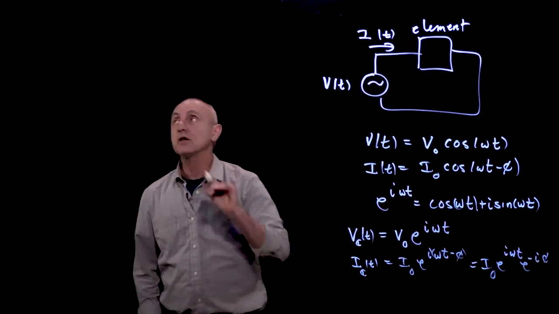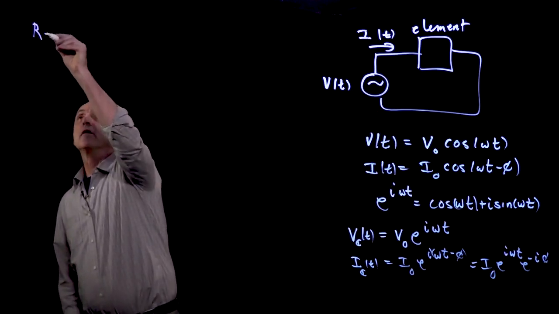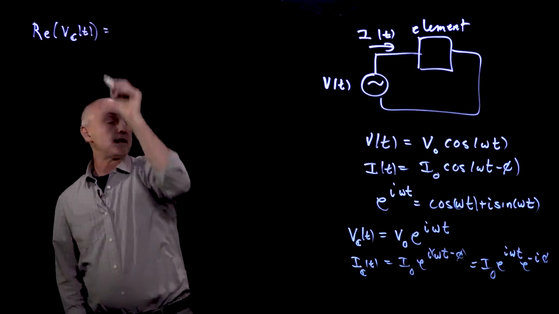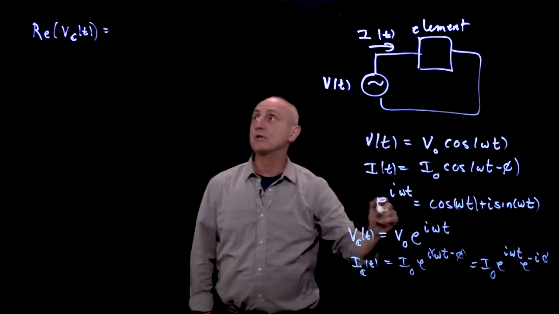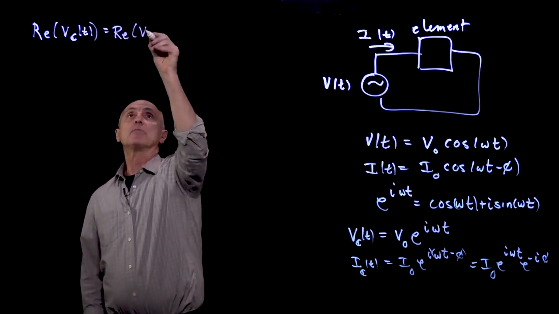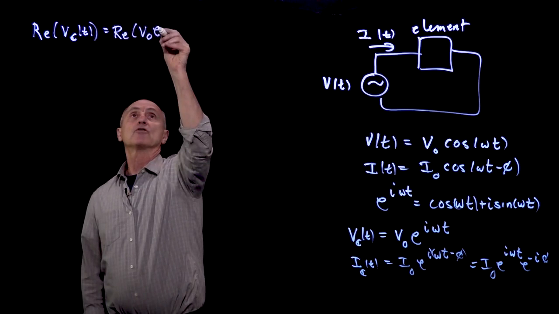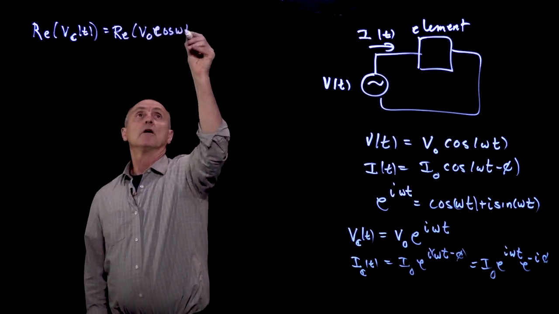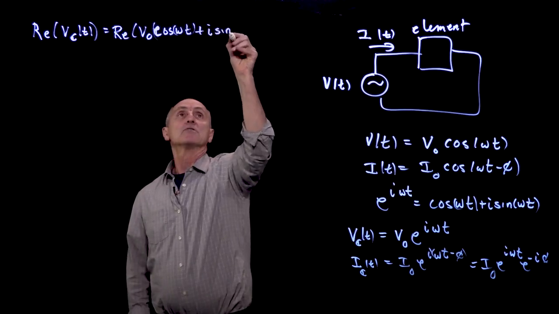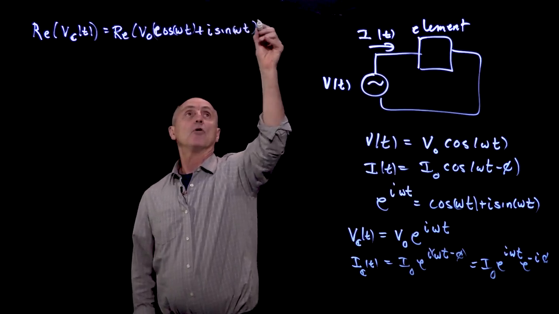Now, eventually, we want to take the real part of the voltage. When we write this as a complex number, what we're taking is the real part of the complex function e to the i omega t, which is cosine of omega t plus i sine of omega t.